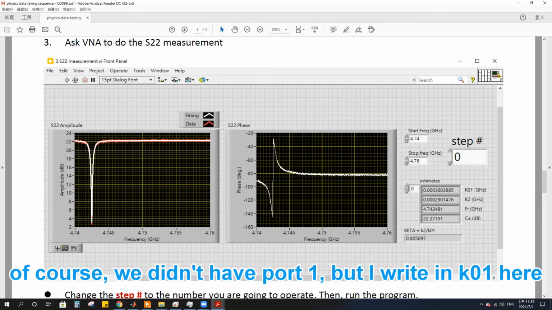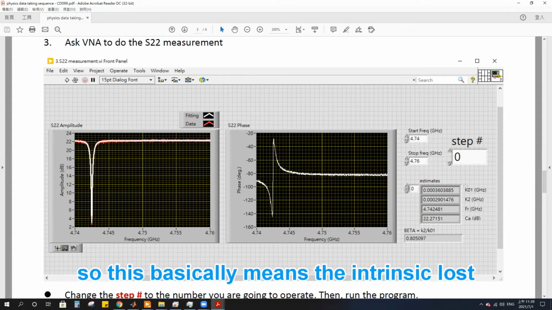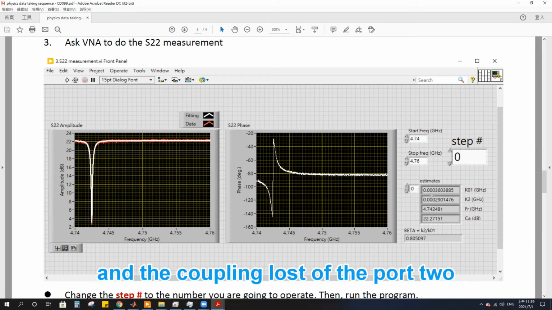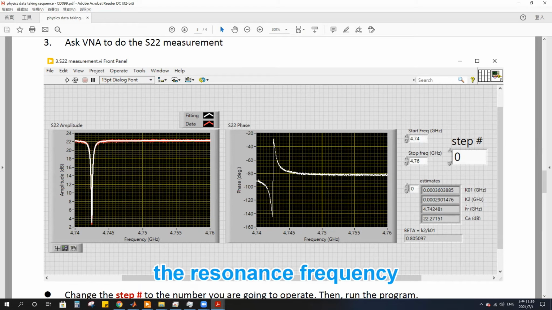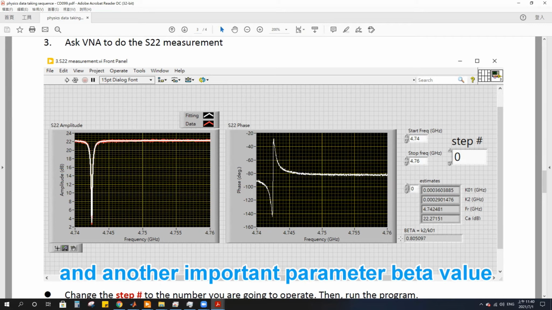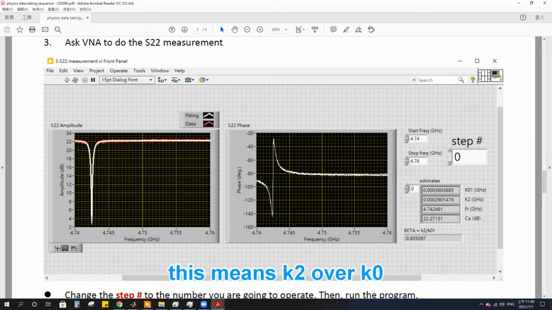Of course, we didn't have port 1, but I wrote K01 here. This basically means the intrinsic loss, and the coupling loss of port 2, the resonant frequency, and another important parameter, the beta value. This means K2 over K0. Based on OM's report, this value should stay near 2.